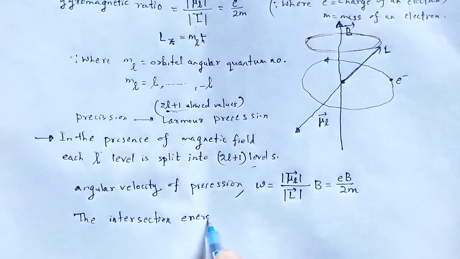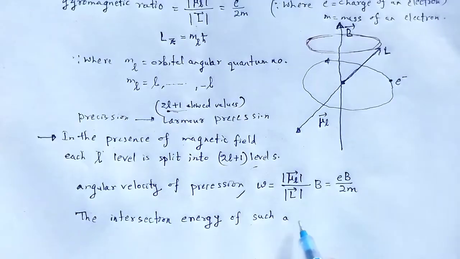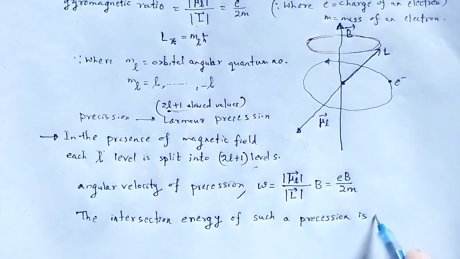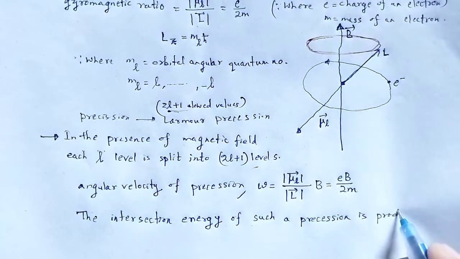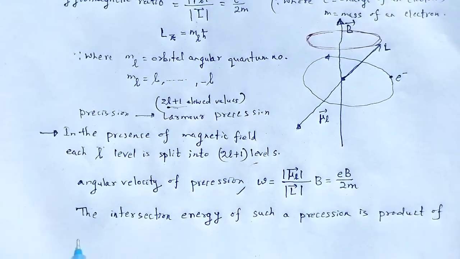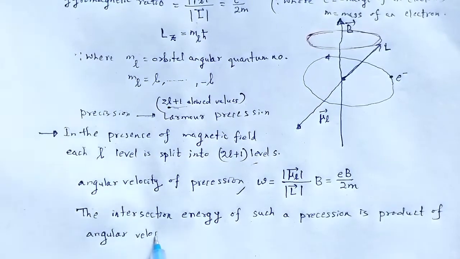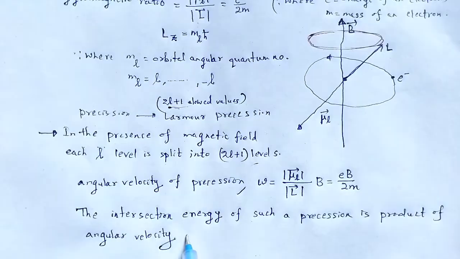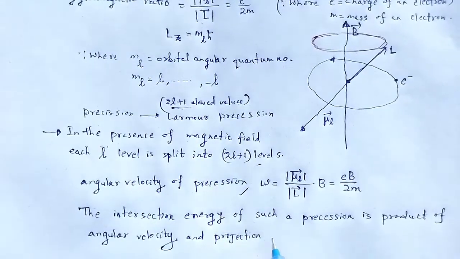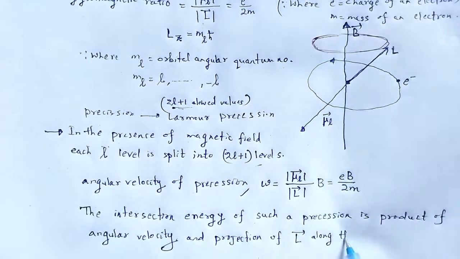The interaction energy of such a precession is the product of the angular velocity and the projection of the L vector along the field.